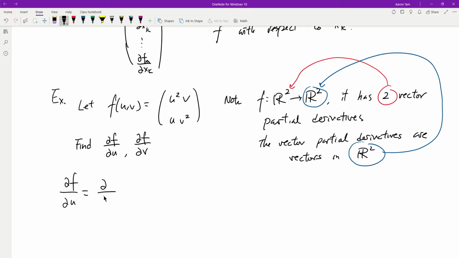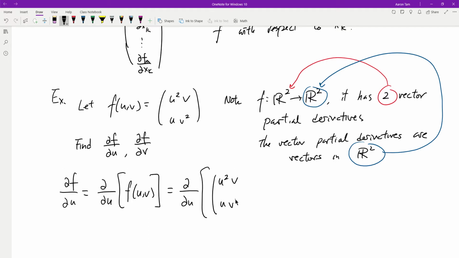That basically means we take the derivative of the function f with respect to u. And so what is the function f? Well, the function f is actually a vector in R2. When I differentiate this vector, based on what we talked about, I simply partially differentiate each of the coordinate functions.